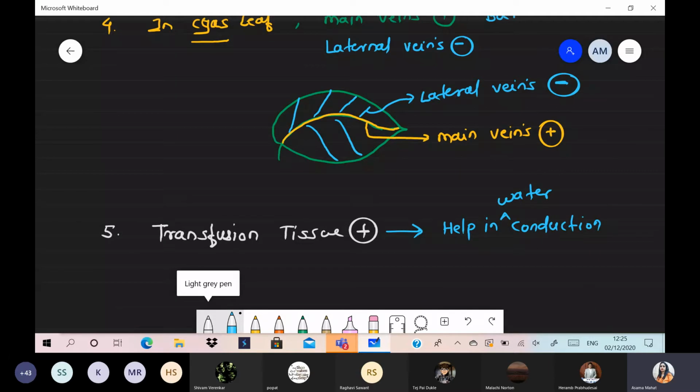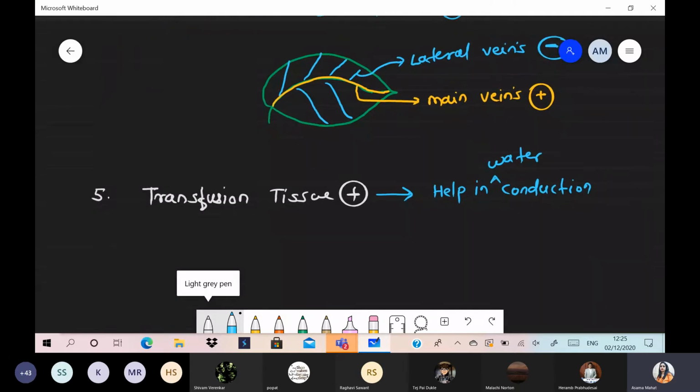So this is something unique. This transfusion tissue is present in gymnospermic plants. Definitely there is a presence of tracheids, but along with that another specific type of tissue is present, involved in conduction. That tissue is nothing but transfusion tissue.